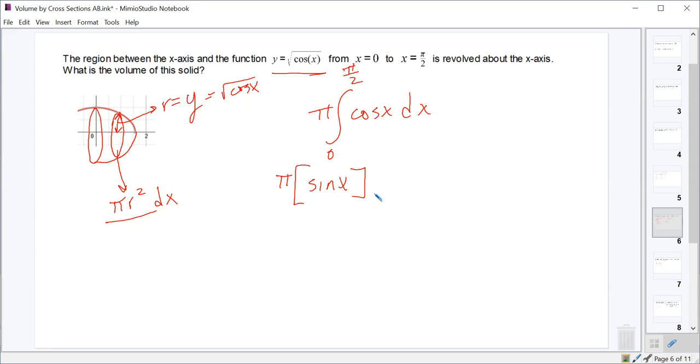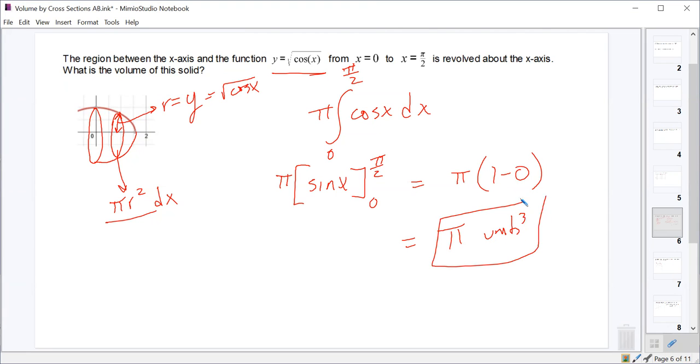So we got pi times sine x from 0 to pi over 2. That ought to give us pi times what's the sine of pi over 2? 1. And then sine of 0 is 0. So we end up with pi units cubed. Everybody good with that?